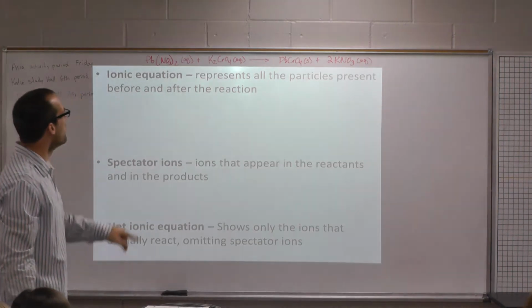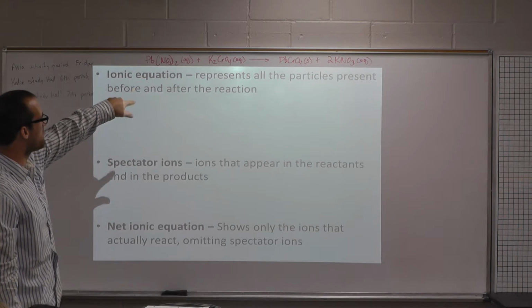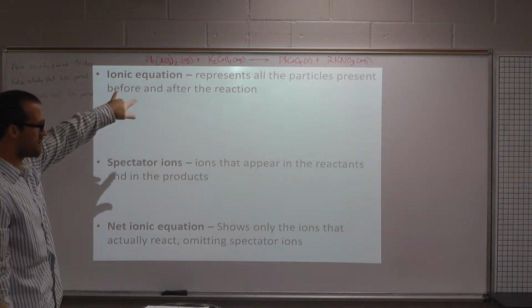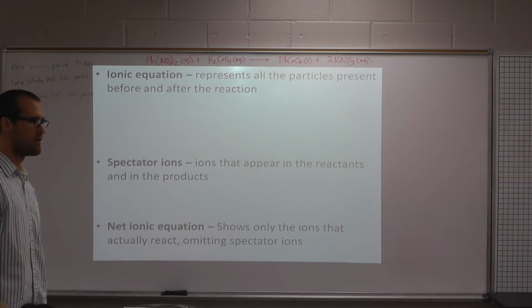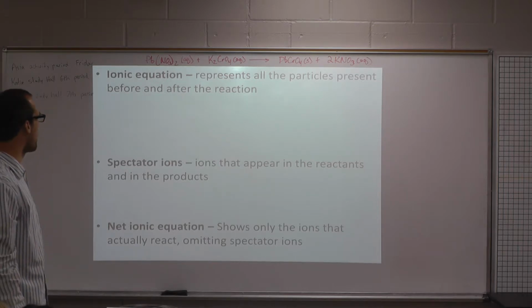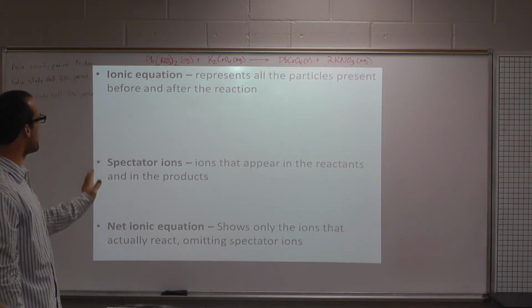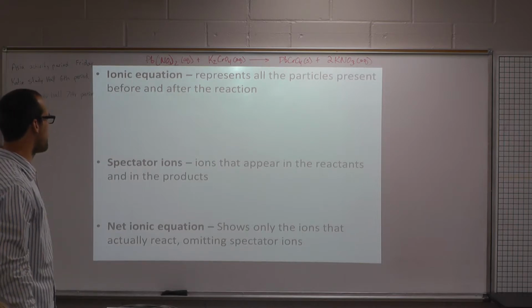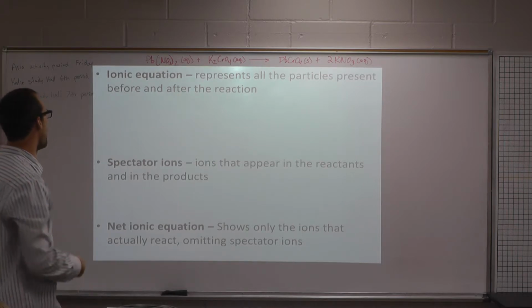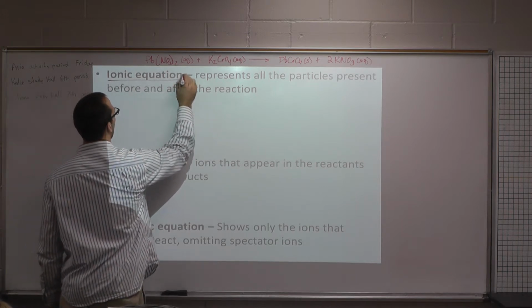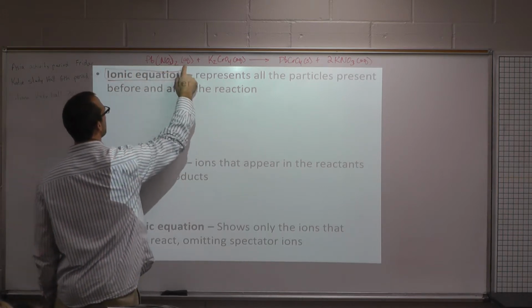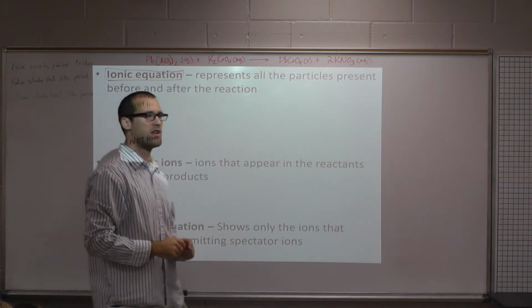Okay. So, first of all, is this a synthesis, single, double, decomposition, what is it? Double. Okay, double replacement. Now I'm going to write the ionic equation, the spectator ions, and the net ionic. So here is what the ionic equation is going to look like. First off, what does aqueous mean? Dissolved in water.